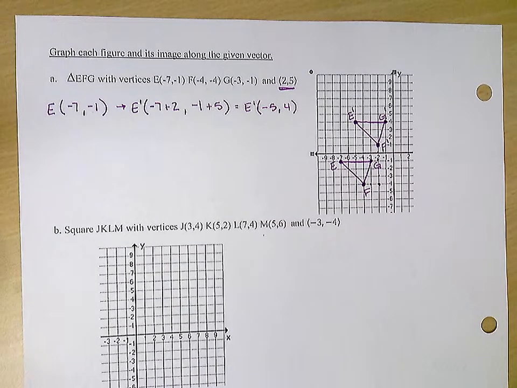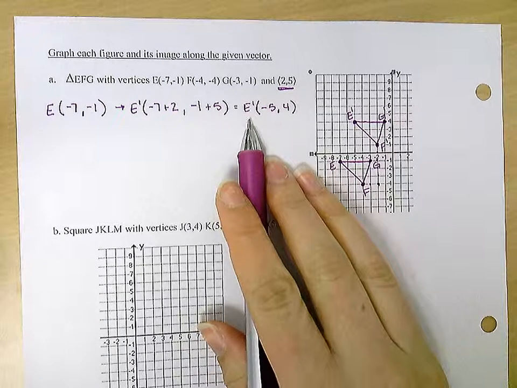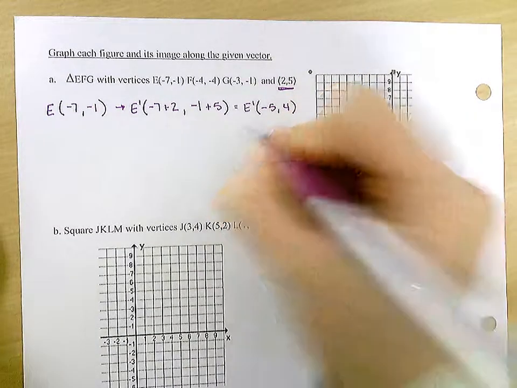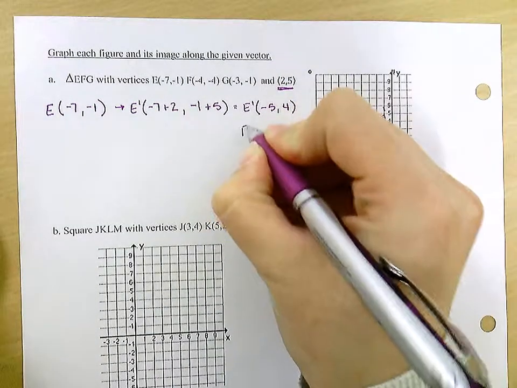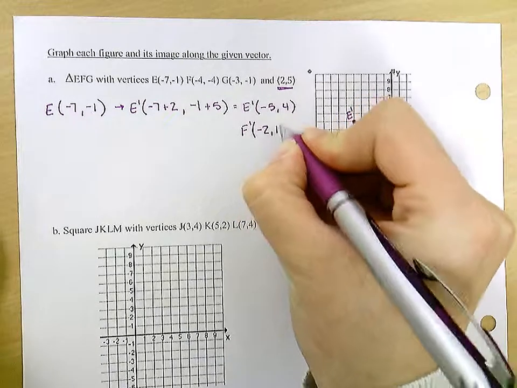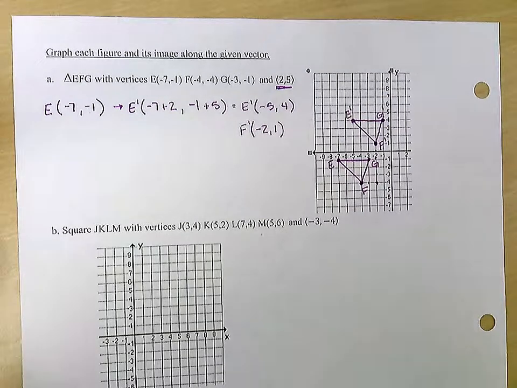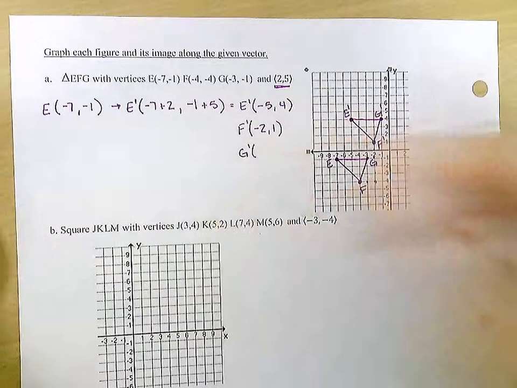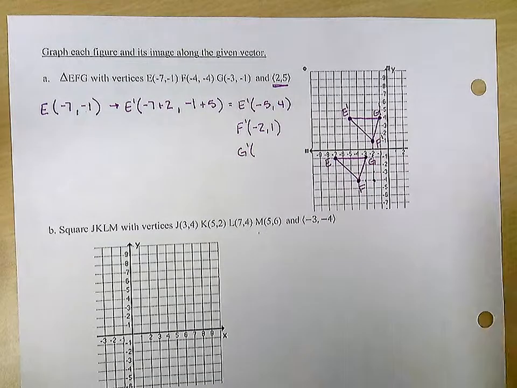And again, just like yesterday, I do want you to write out each of those prime coordinates. So I already have E prime written out, because I added here. So I also need F prime. F prime is at negative 2, 1. And G prime is at negative 1, 4.